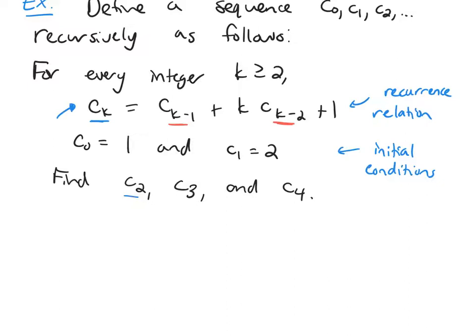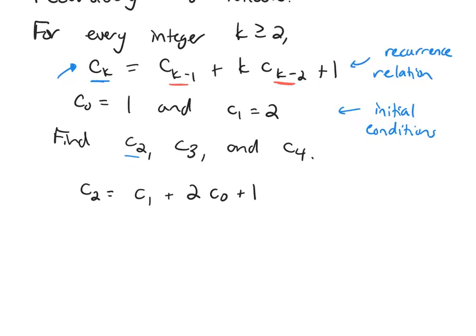If I plug in 2 for k, I get C2 is C1 plus 2 C0 plus 1. Well, I know C1 and I know C0 because those were my initial conditions, so I plug them in to find C2: 2 plus 2 times 1 plus 1. C2 will be 5.